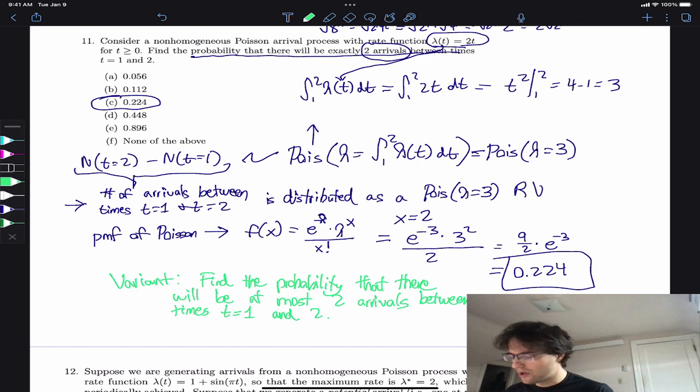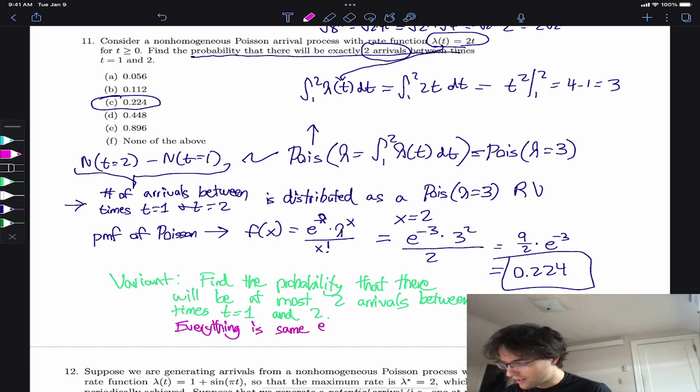How do you go about solving this? Everything is the same, except at the end, use the CDF instead of the PMF.